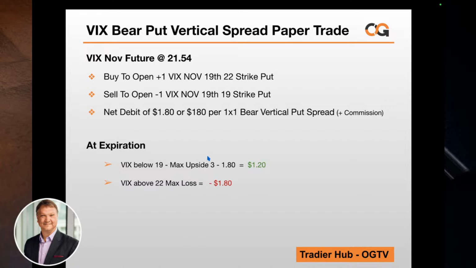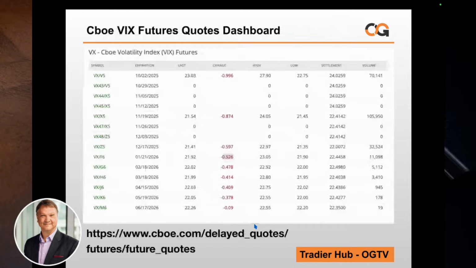And the max loss would be that net debit of $1.80, or if you want to put it in a dollar amount, $180 per 1x1 bear put vertical spread that was put on. Now, that was the paper trade that we put together with the VIX at that price. I wanted to share with you something that is on the Chicago Board Options Exchange.